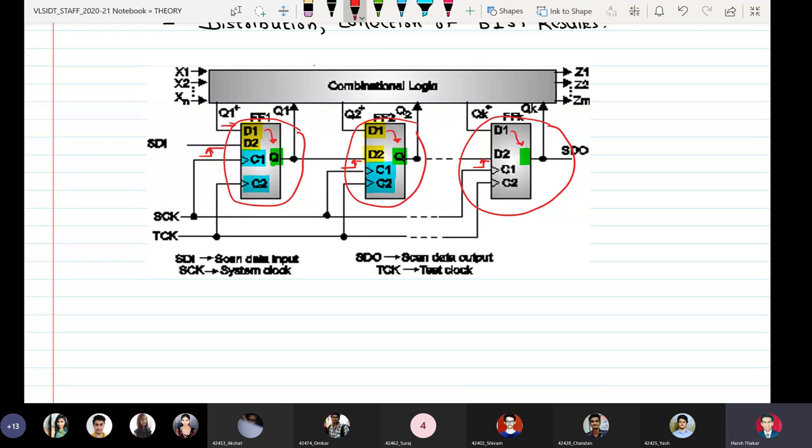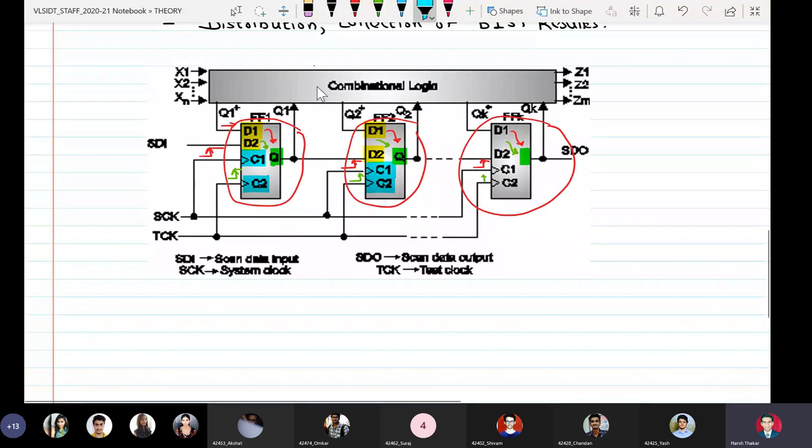On the other hand, if the flip flop is pulsed at C2, then whatever is present at D2 will be sent to the output. Got the point? And there is one output Q.